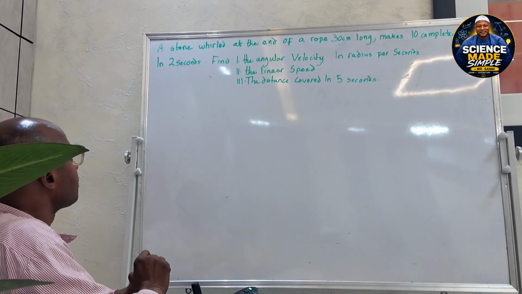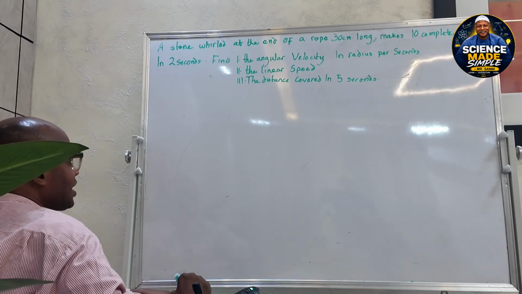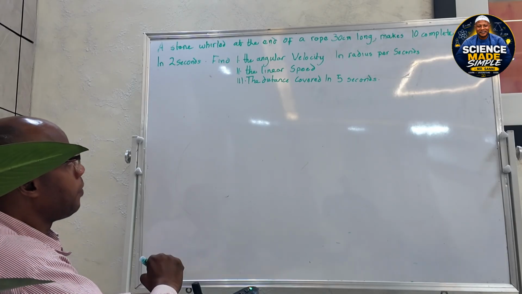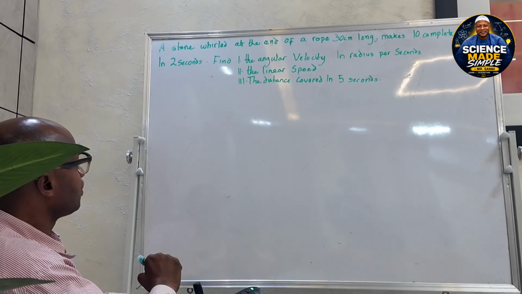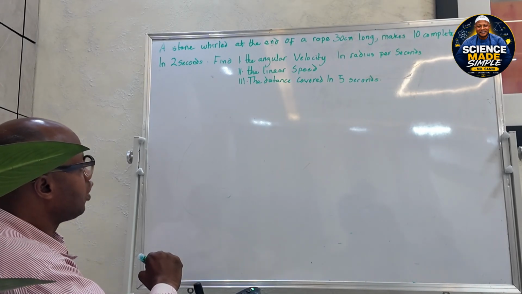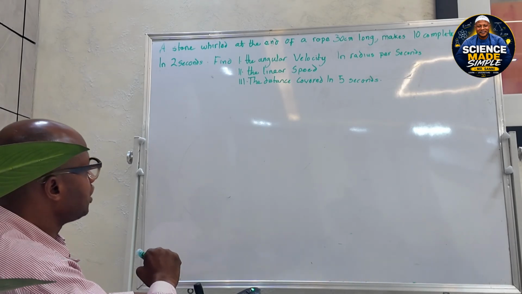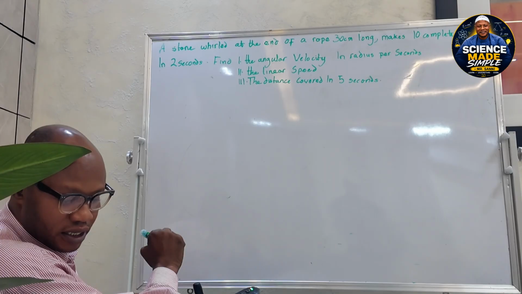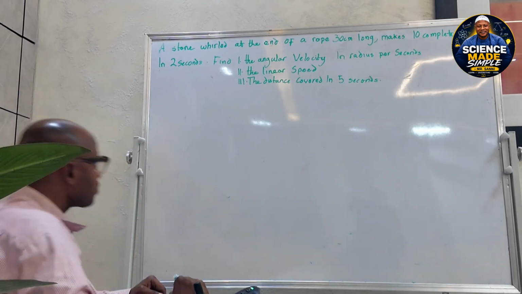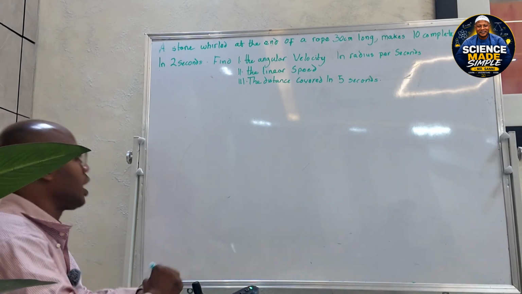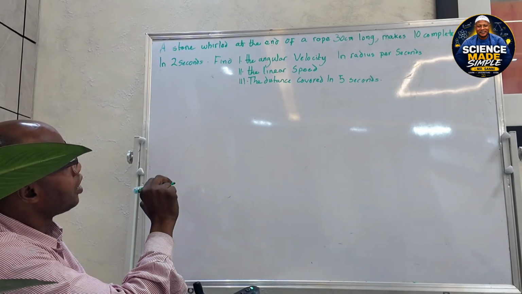Example 1. A stone whirled at the end of a rope 30 centimeters long makes 10 complete revolutions in 2 seconds. Find the angular velocity in radian per second, the linear speed, and the distance covered in 5 seconds. From the question, we are given the rope at the end of which the stone is whirled, 30 centimeters long.